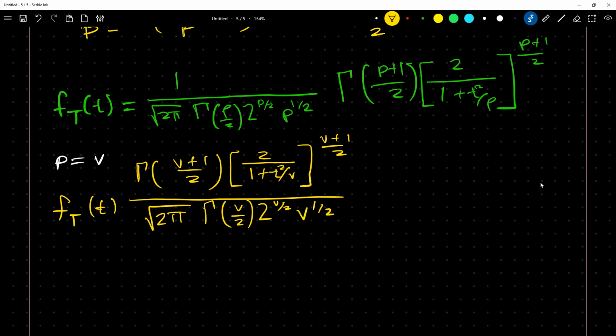Okay, so this is the probability density function for the t distribution. In the next video, I will use this function to plot a few graphs, and then I will use the integration of this function to show you how we can calculate some probabilities.